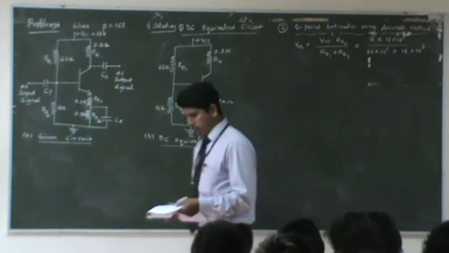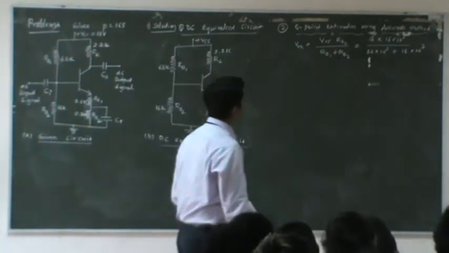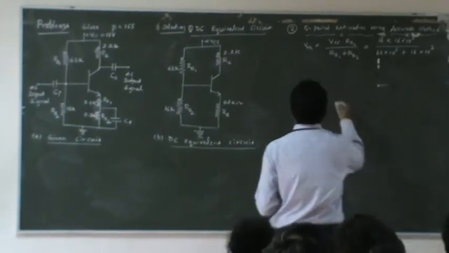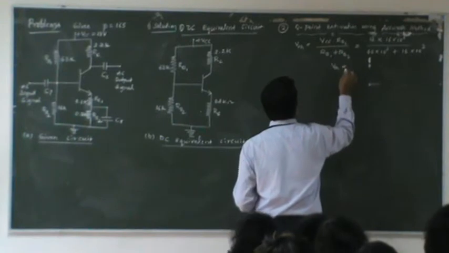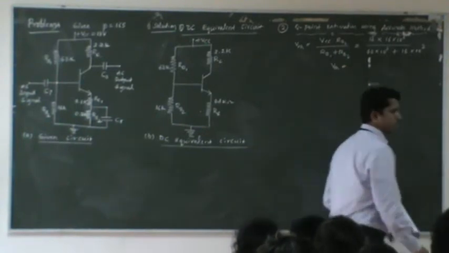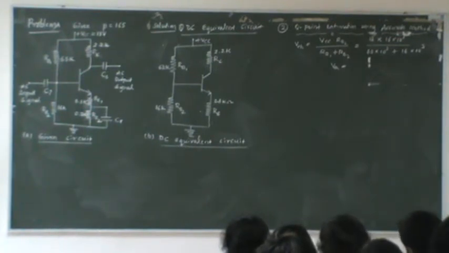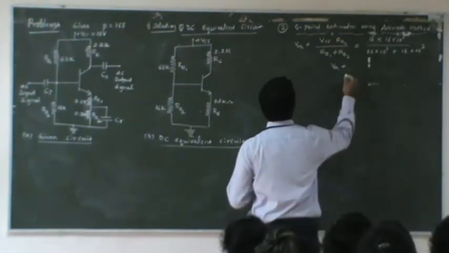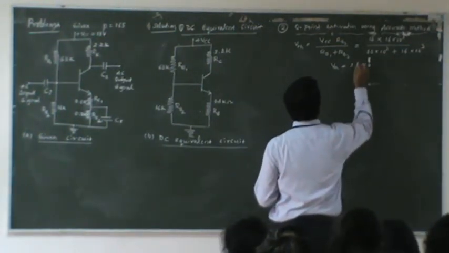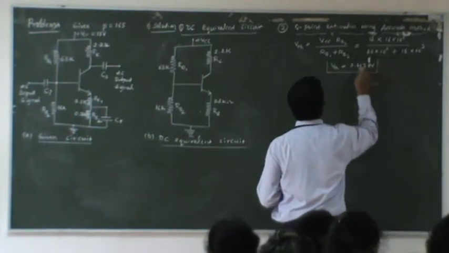Work this out and find the value of V Thevenin. 3.43 volts. Did all of you get this answer? 3.43 volts.